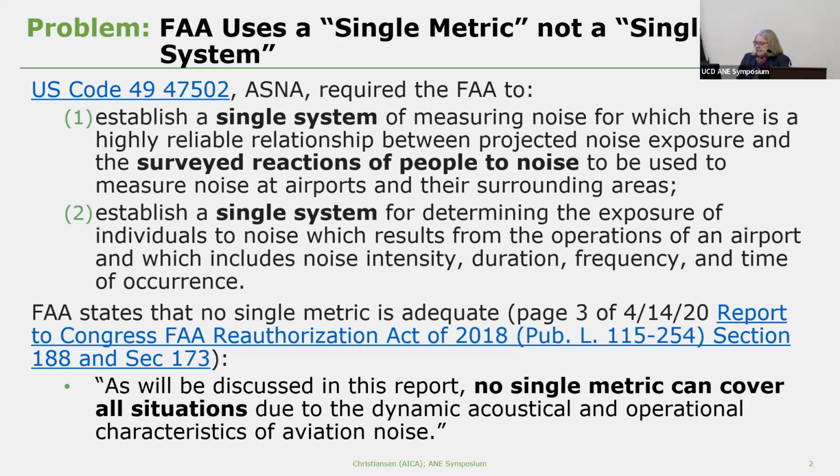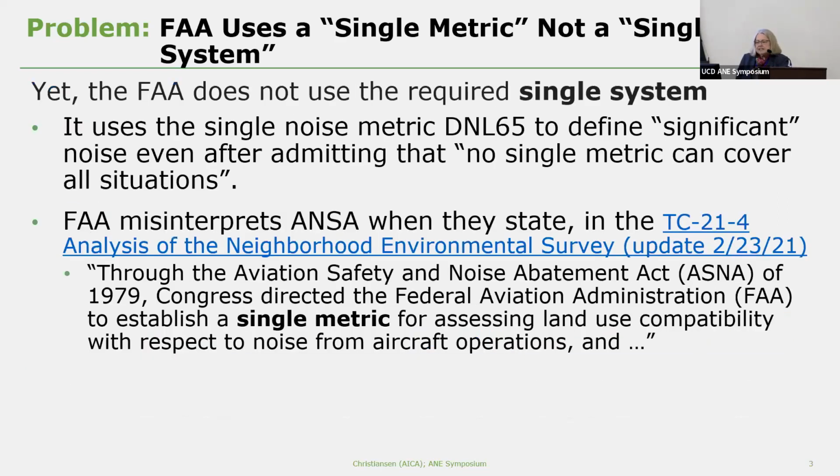In their 2018 report to Congress, the FAA concluded that no single metric can cover all situations due to the dynamic, acoustical, and operation characteristics of aviation noise. Yet, the FAA does not use the required single system. It uses the single noise metric DNL 65.